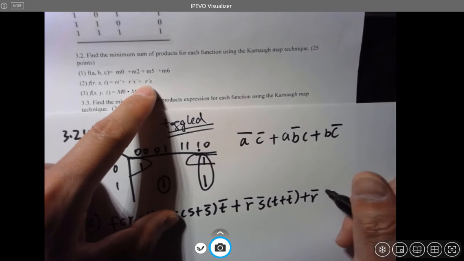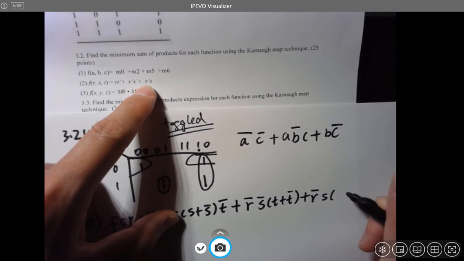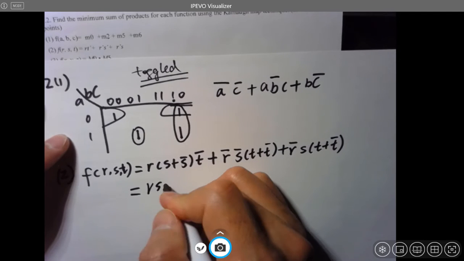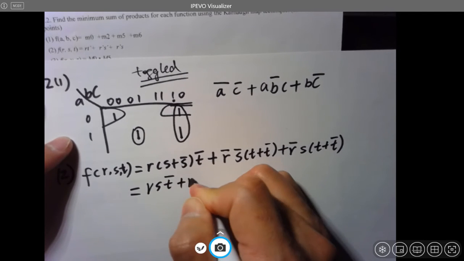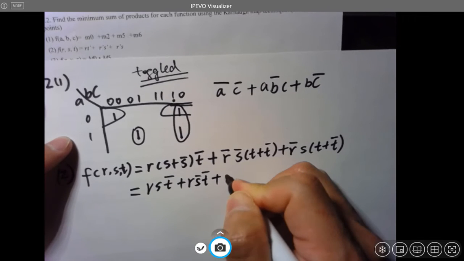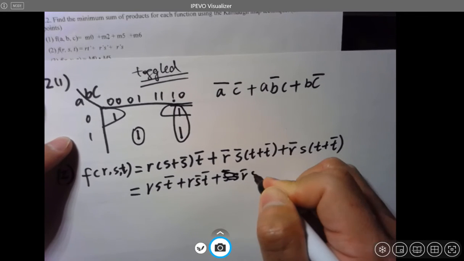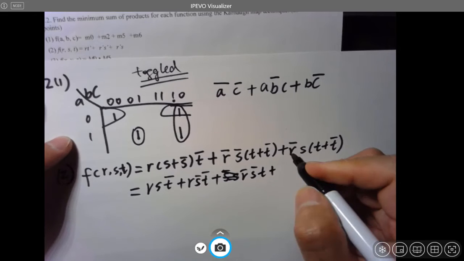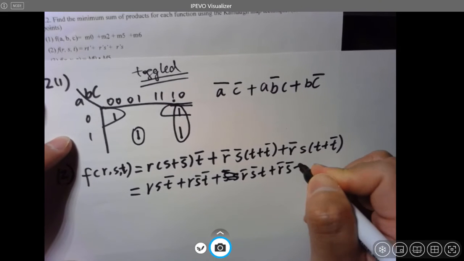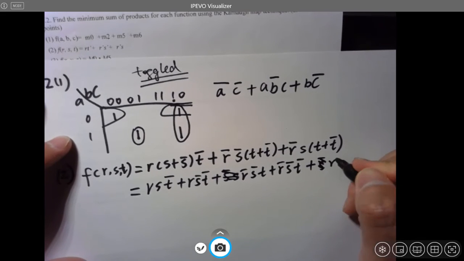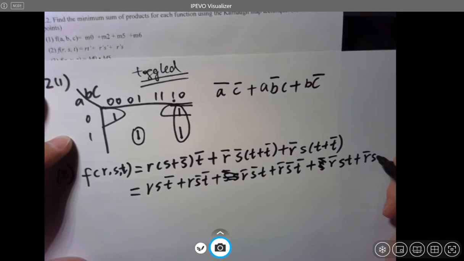Or R naught, S, T or T naught. And expand it, which is R S T naught or R S naught T naught or R naught S naught T or R naught S naught T naught or R naught S T or R naught S T naught.